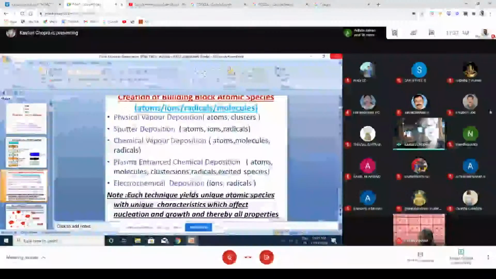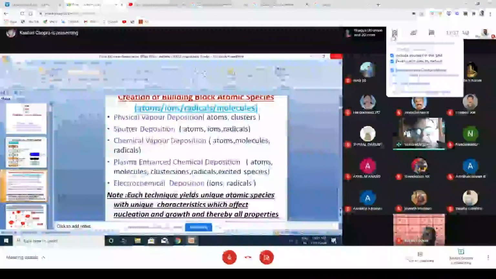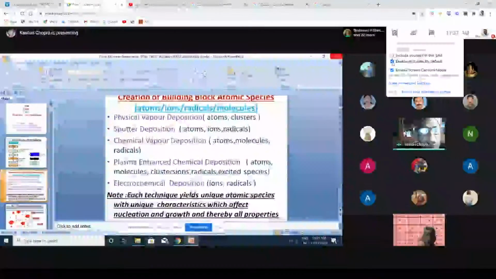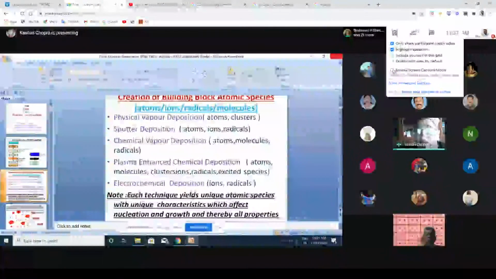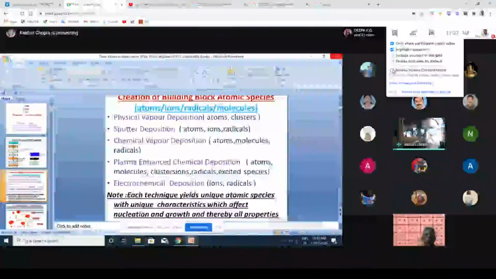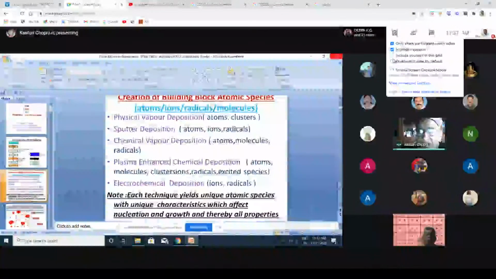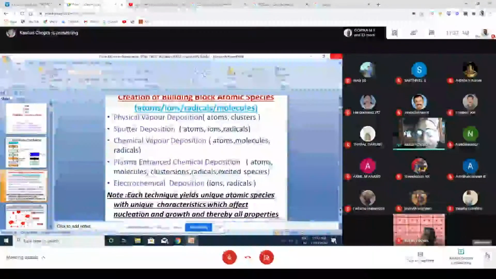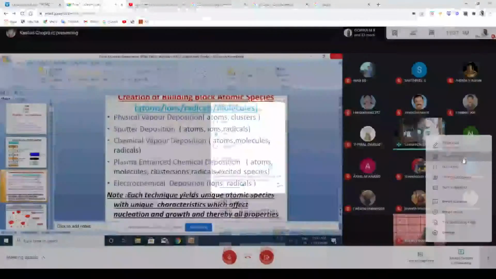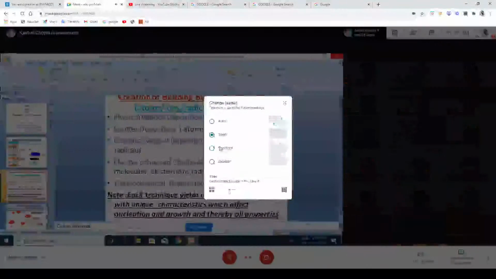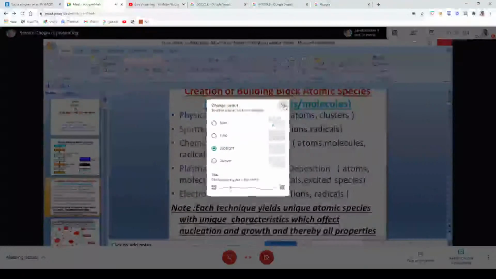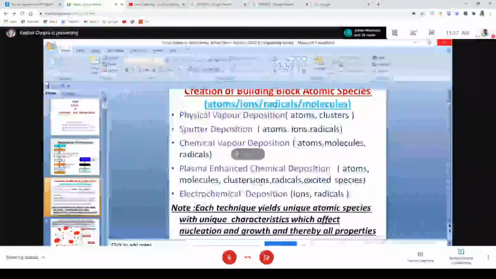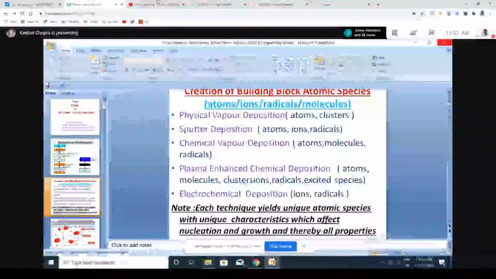Each technique, whatever technique you use, whether it's physical, chemical, or electrochemical, yields unique atomic species. Unique atomic species. Please remember that. They may be the same atom, but they have different properties, and they have unique characteristics which affect nucleation and growth, and thereby all their properties. That's extremely important to remember here. So each technique has a number of parameters which affect these.